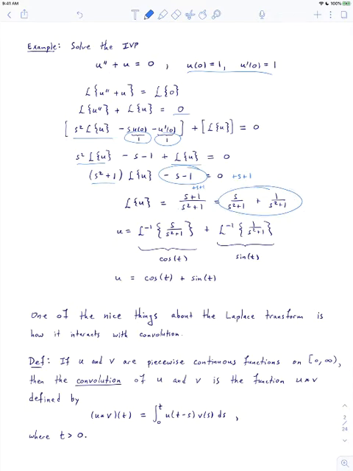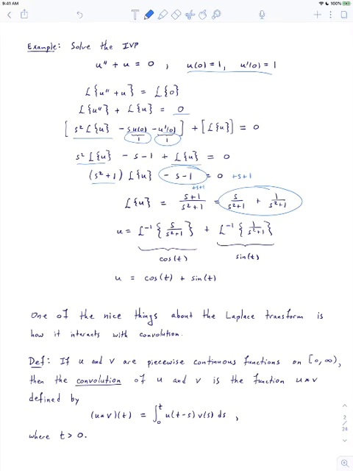So u is equal to the inverse Laplace transform of s over s squared plus 1, which is cosine of t, and we add on the inverse Laplace transform of 1 over s squared plus 1, and that's sine of t. So u is equal to cosine of t plus sine of t.